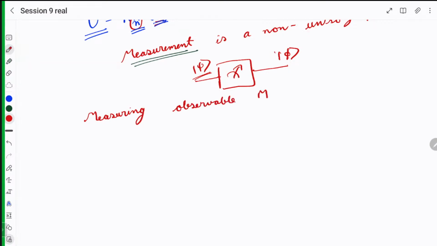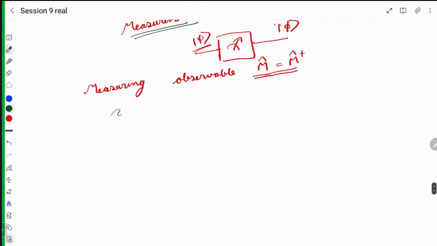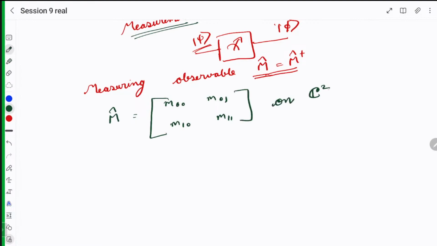let's say M. Then how is this observable M, which has to be Hermitian of course in order to have real eigenvalues, connected to our projection operators? Let's try to see that. Let's say we have this measurement operator with entries M00, M01, M10, M11, defined on the complex space C2.